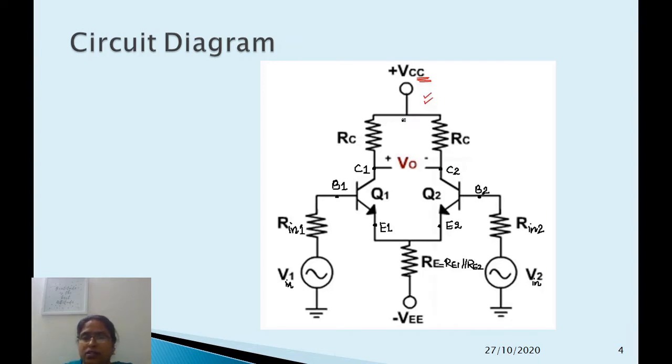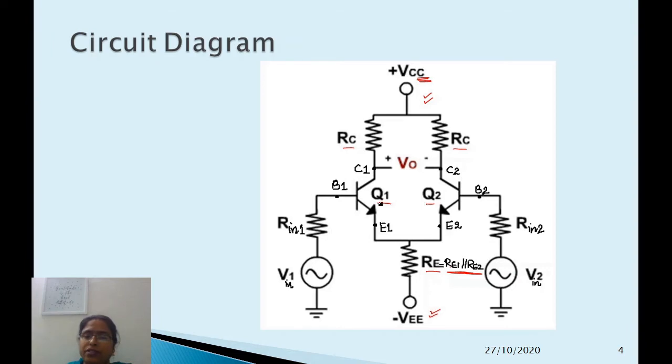These are the collector resistances RC, since RC1 is equal to RC2, so we designate them only as RC. These are the transistors Q1 and Q2. The emitters of the two transistors are connected to each other, and the emitter resistance RE is the parallel combination of RE1 and RE2, with the other end connected to the negative supply.